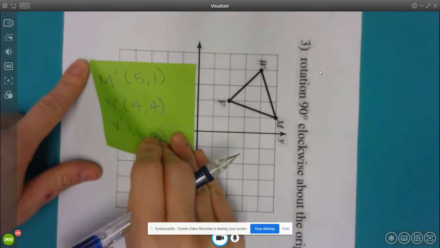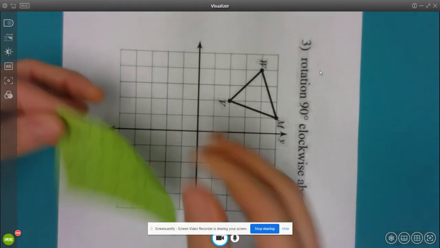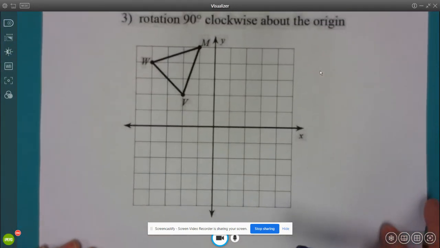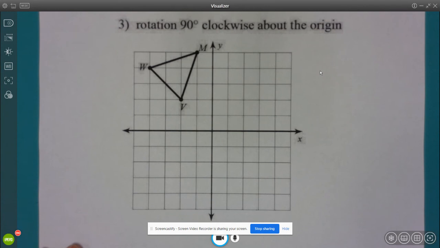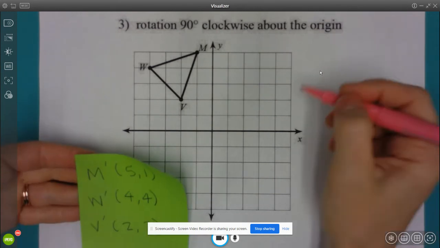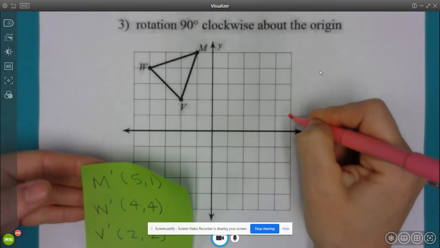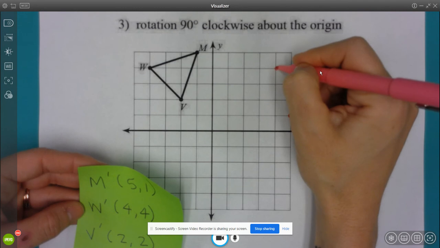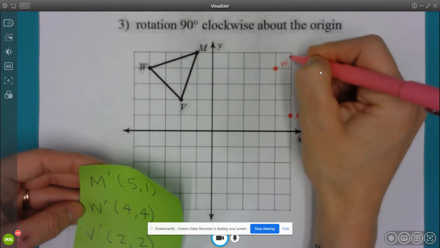So I'm going to pull these up. And I'm going to turn my page back to the original orientation. And graph these points. So here's 5, 1 for M prime. 4, 4 is here for W prime.